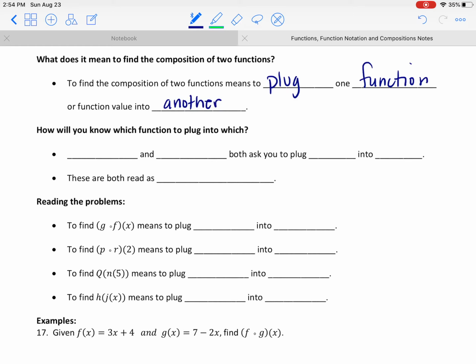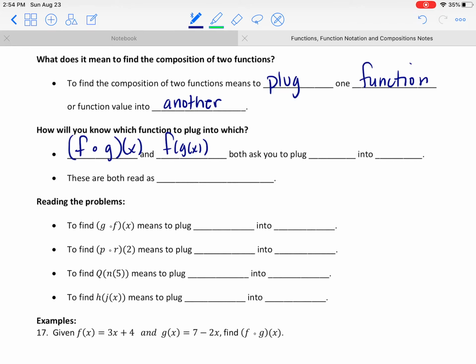So the notation, there's two ways you could see this. You could see f and then this little circle and then g and then x like this, or you could see f and g and x like this.